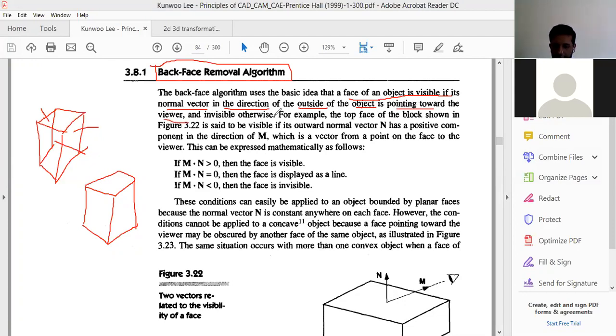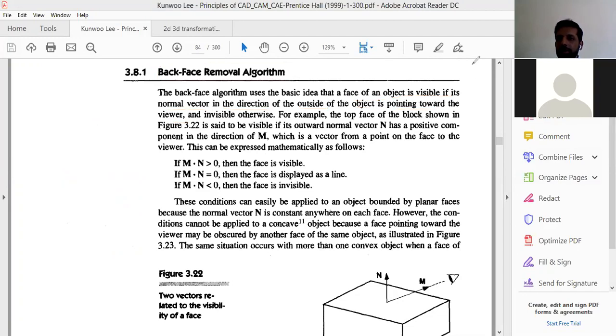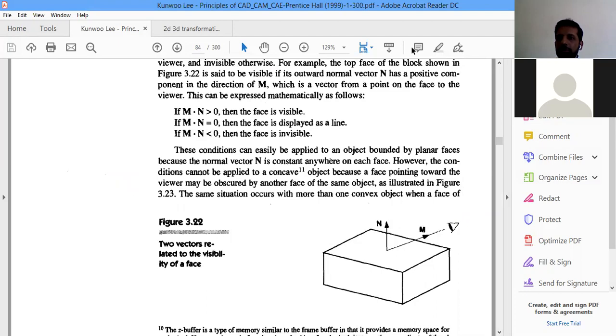What they are trying to say is, say for example this is the object, and the viewer is over here. This is the object.